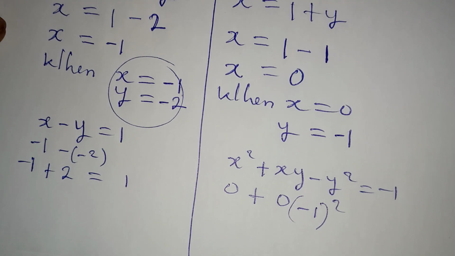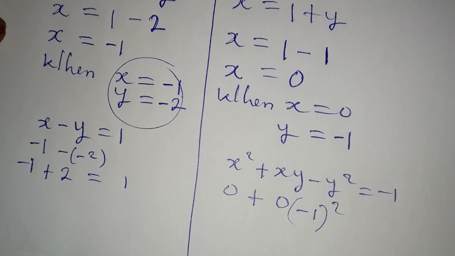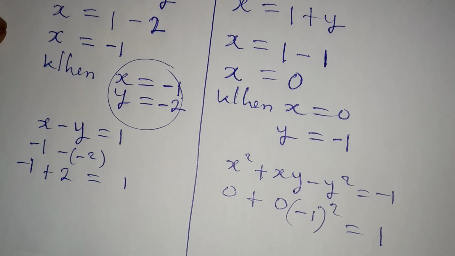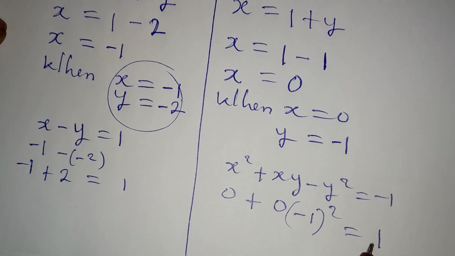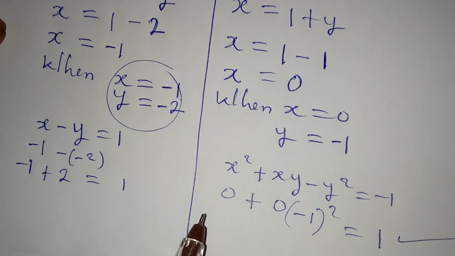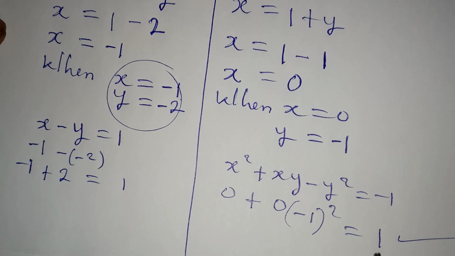As a matter of fact, it's going to give us positive 1, right? Positive 1, because -1 squared will give us positive 1, and that is very satisfying, because we had... okay, it's giving us negative 1.